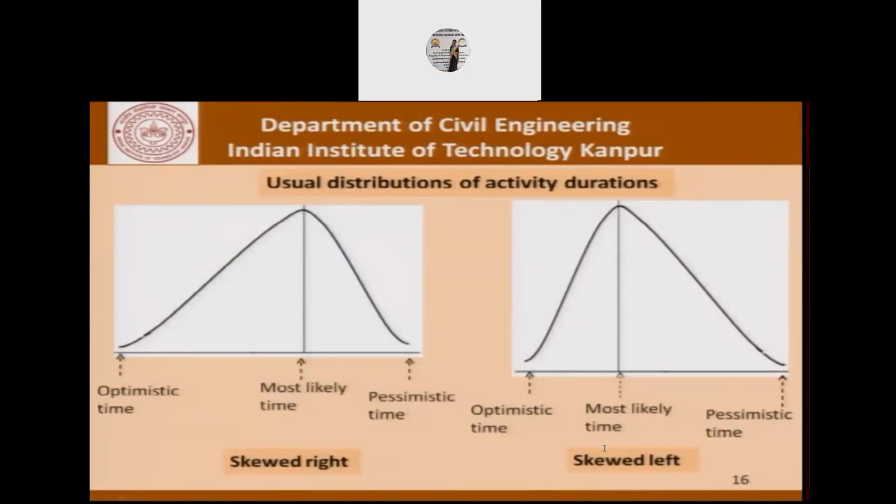So now what is a beta distribution? We assume that this is the most likely time, this is the pessimistic time, and this is the optimistic time, and this distribution is skewed to the right. In this case, however, on the figure on the right, for the most likely time, the distribution is skewed to the left.